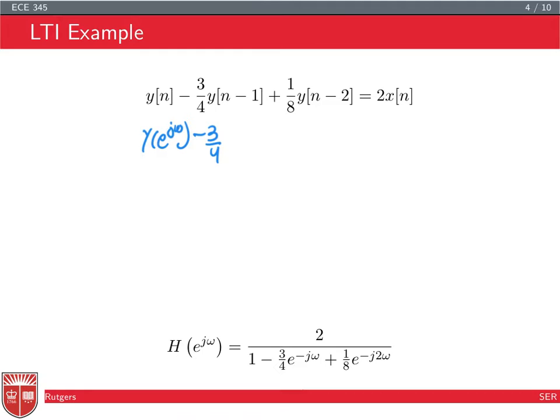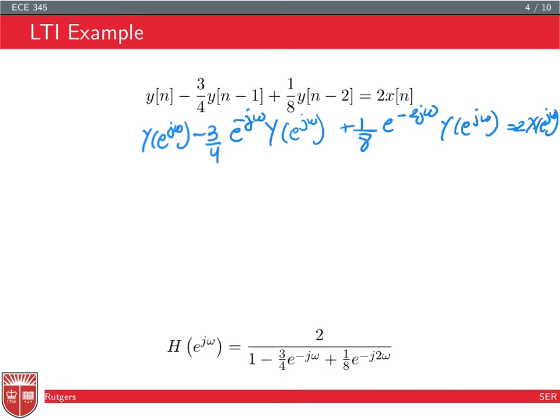So it's going to be equal to minus 3/4 e^(-jω) Y(e^jω) plus 1/8. And here the signal is shifted by 2 steps, so it's going to be 1/8 e^(-2jω) Y(e^jω) plus 2X(e^jω).